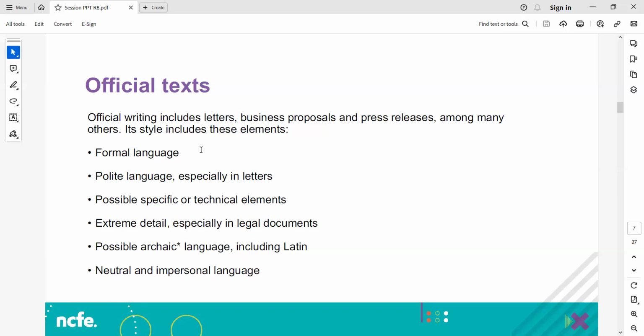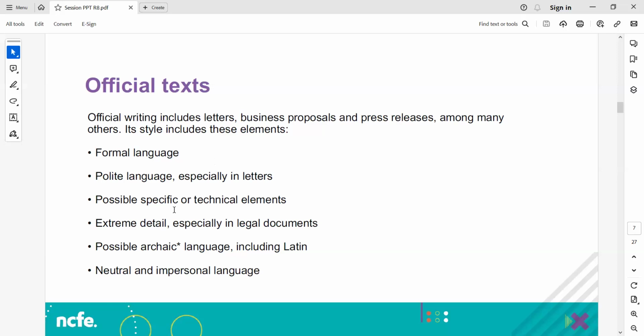So the features are formal language. So in a letter, you particularly would find polite language, so addressing someone, dear, so dear Mr. Smith, and so on.